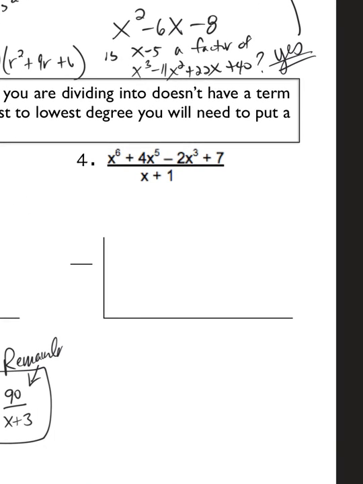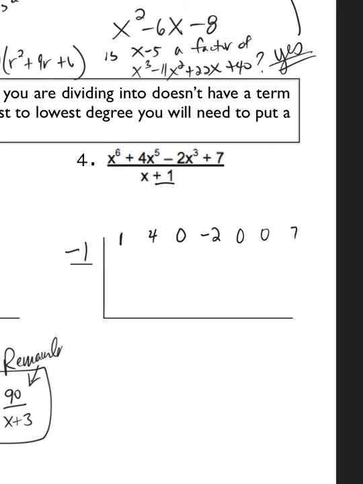Let's look at this last one. Plus 1 minus 1. I have 6, 5, so 1x to the 6th power plus 4x to the 5th power. I have to put a placeholder in for the 4th power, negative 2x to the 3rd power, 0x squared, 0x, 7.